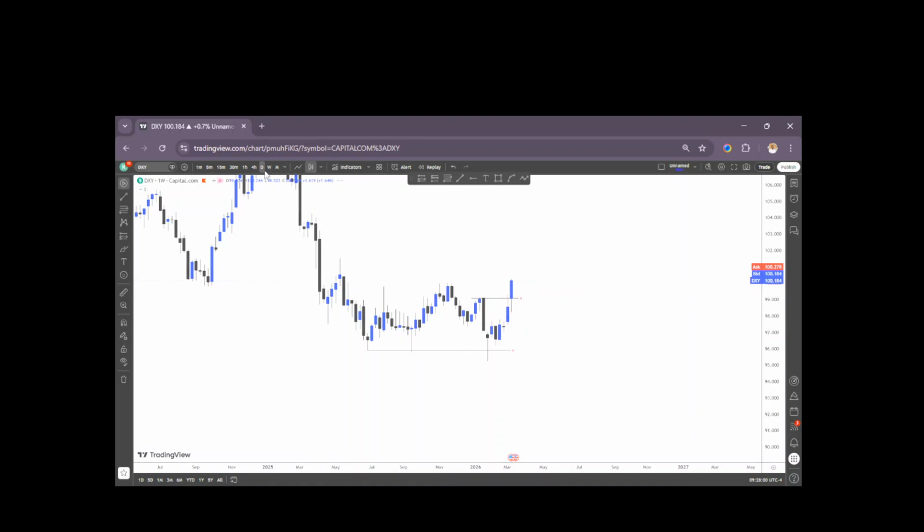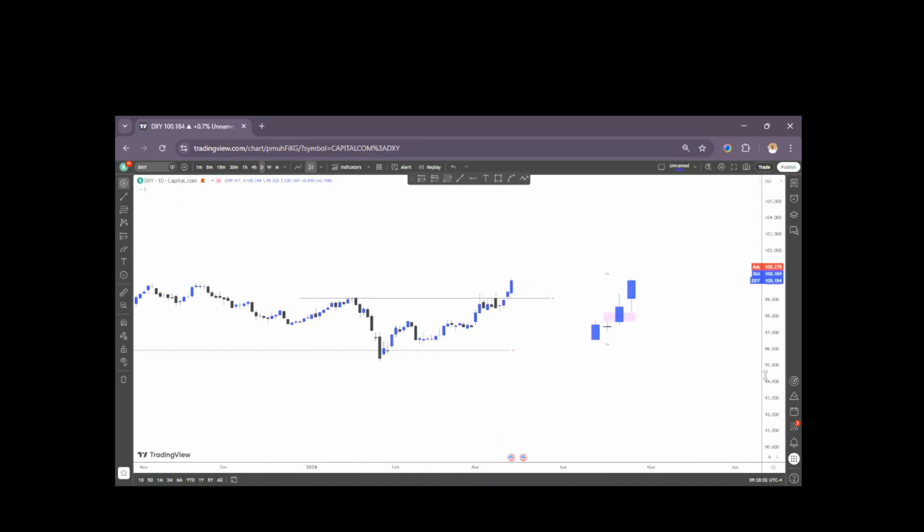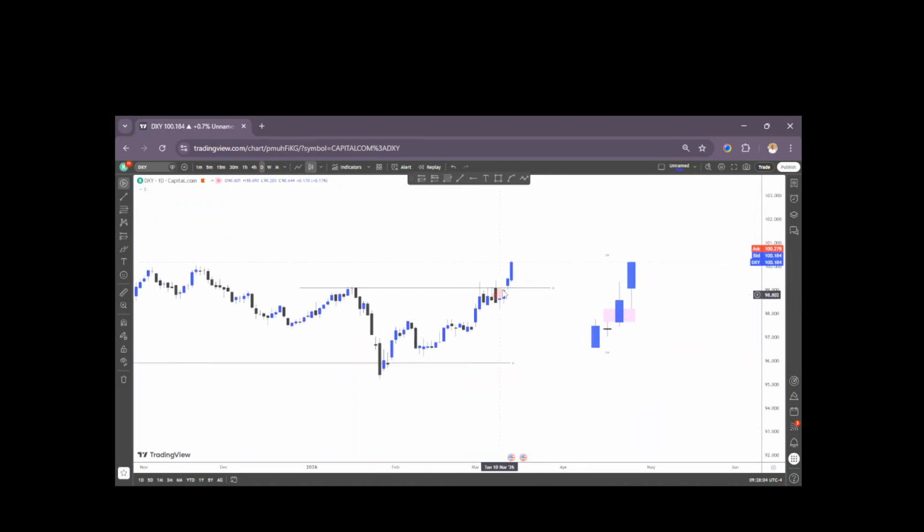So from a weekly perspective, at the beginning of this week, we didn't have a clear bias. But going down to the daily time frame, on Monday, what do you realize? We swept this high and closed inside.